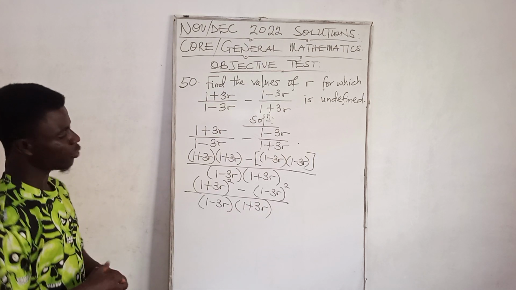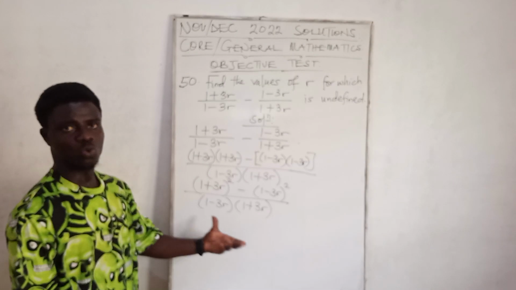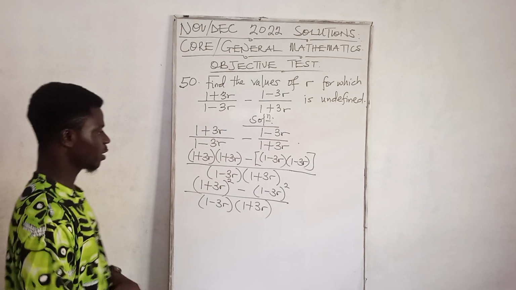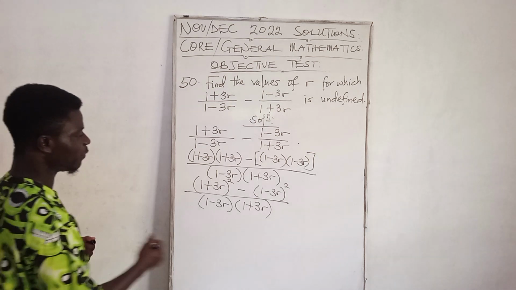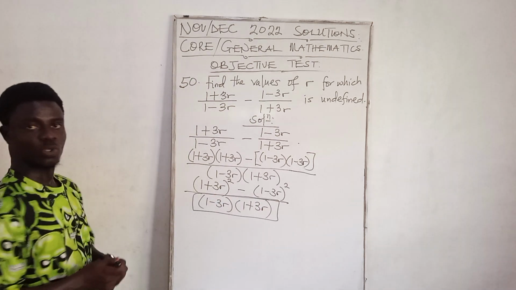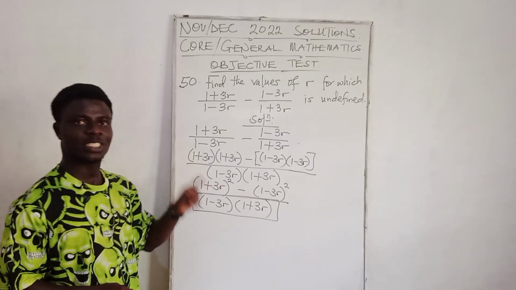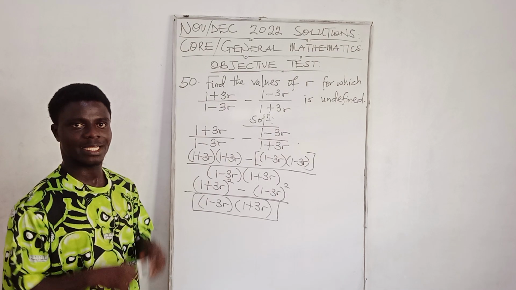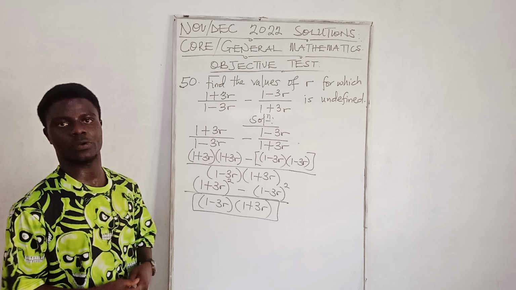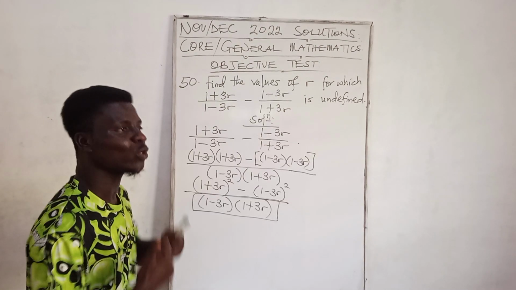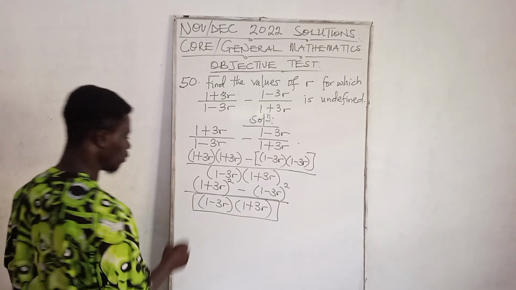But they are not interested in what you are doing. They are interested in the undefined values. If you want to find the undefined values, you concentrate on the denominator, which should not be equal to 0. So if the denominator is equal to 0, how best can you solve this?